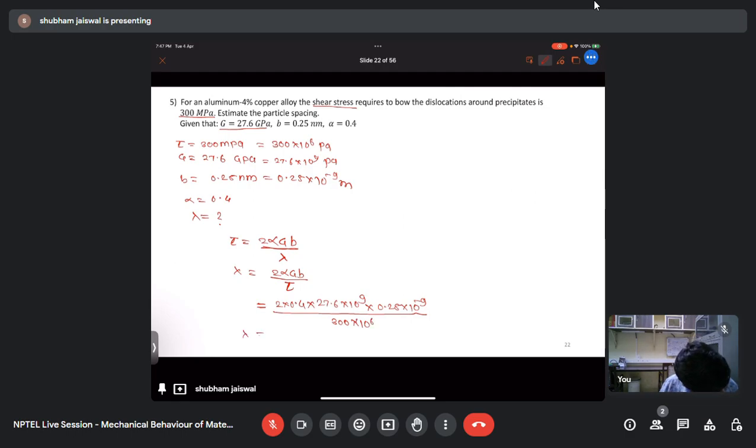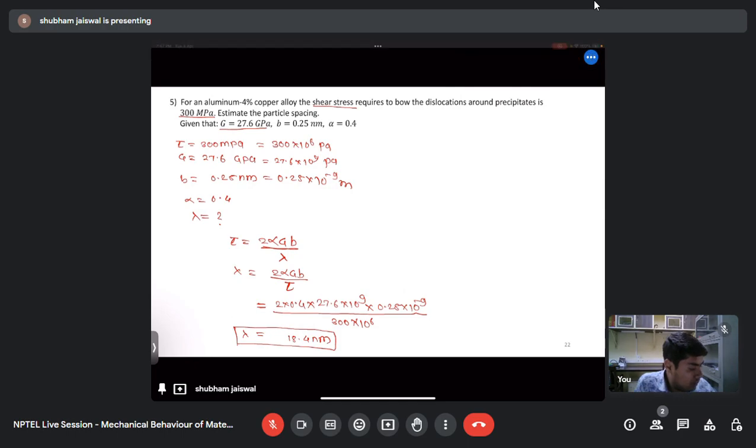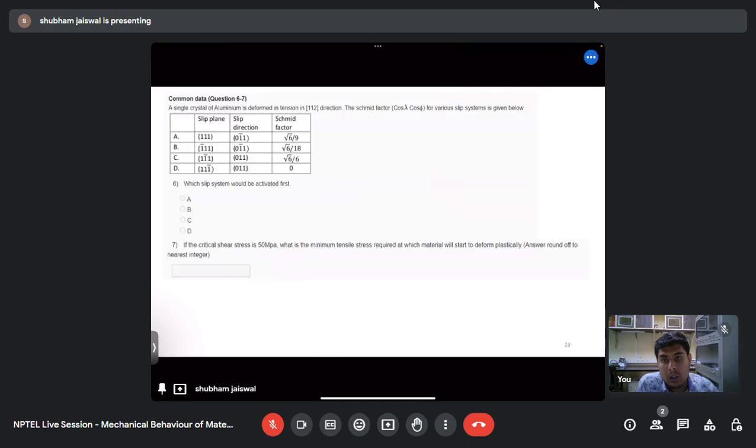So we'll get lambda somewhere around 18.4 nanometer. Okay.